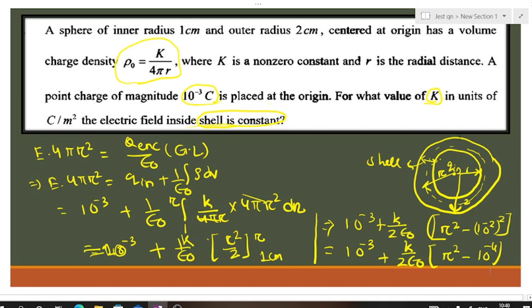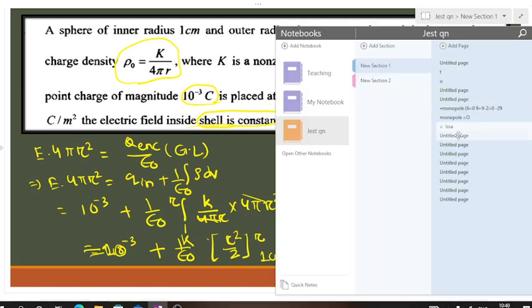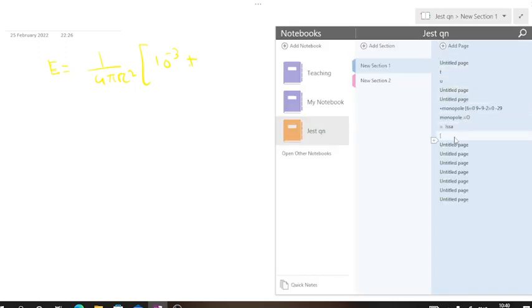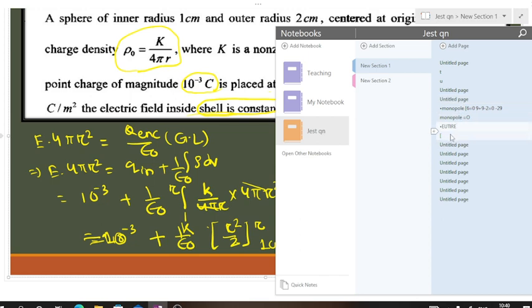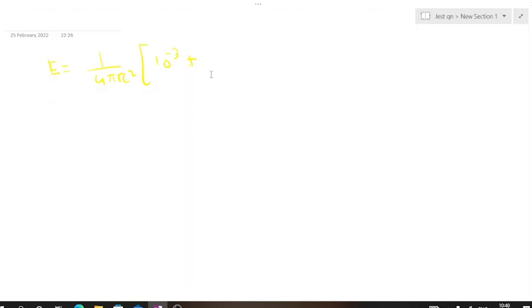I have to add one. Next slide. So here our total electric field is equal to 1 by 4 pi r square whole into 10 power minus 3 plus K by 2 epsilon naught times r square minus 10 power minus 4.